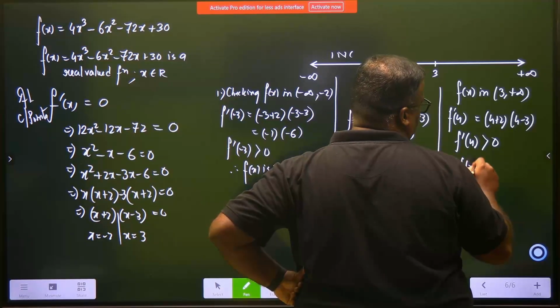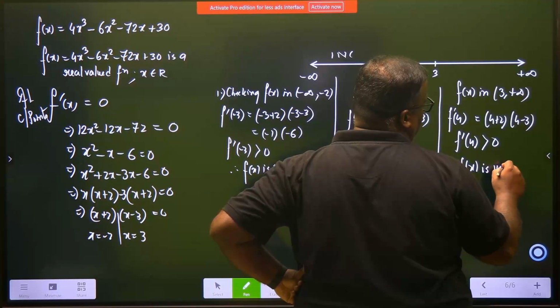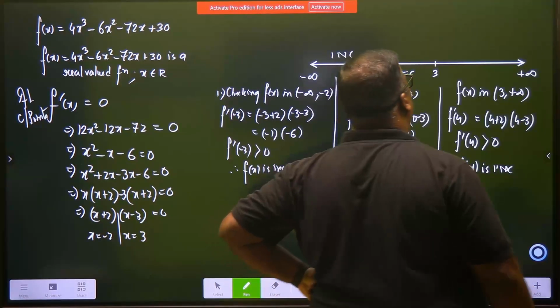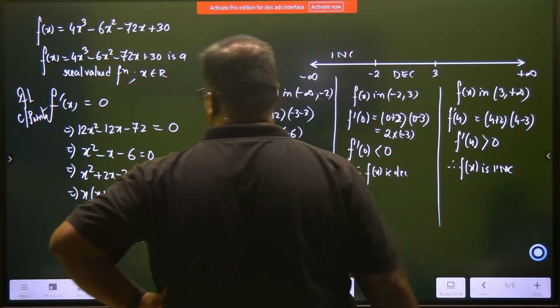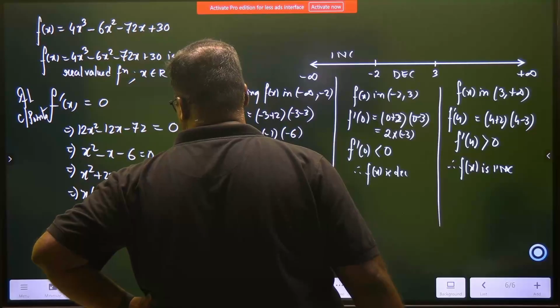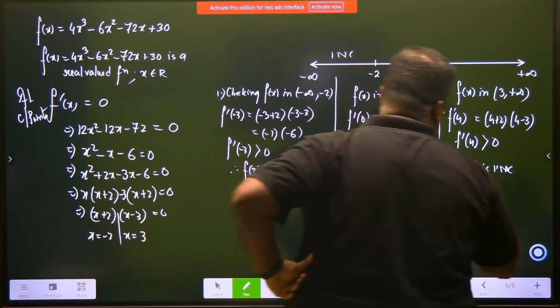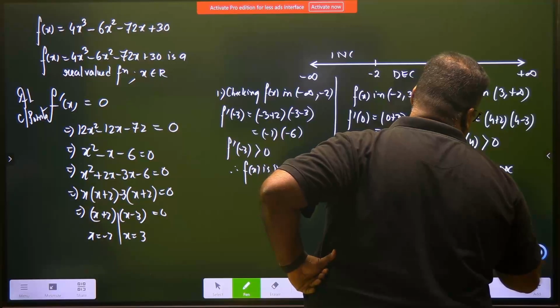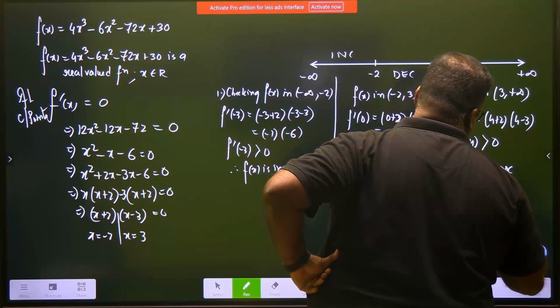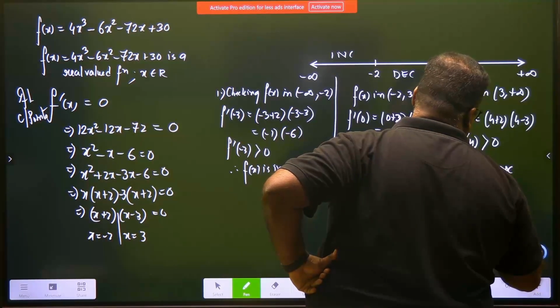Therefore, f(x) is increasing. Increasing in 3 to positive infinity.